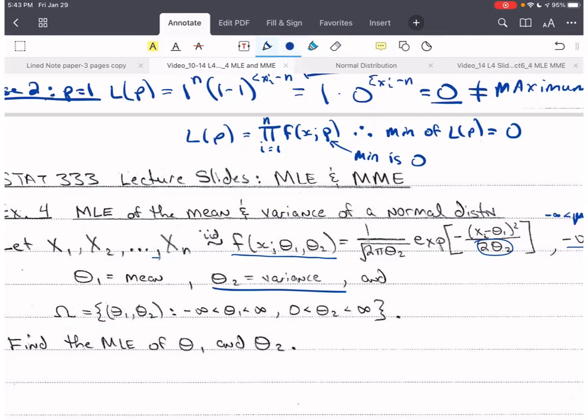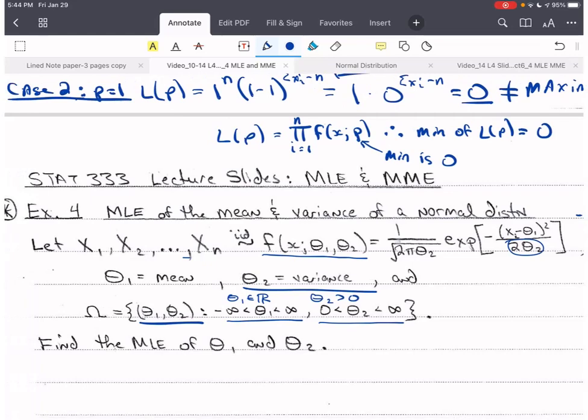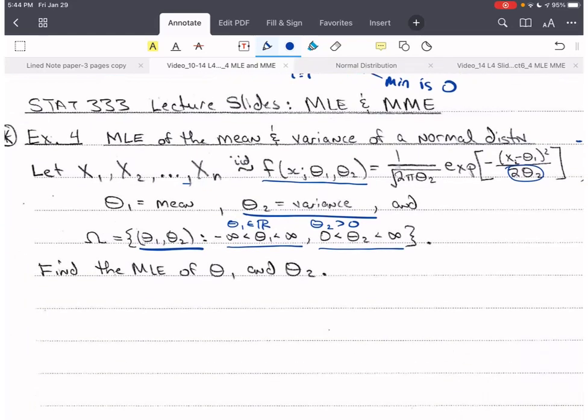And it's the set of the pair theta 1, theta 2, such that theta 1 is between negative infinity and positive infinity, or you could write theta 1 is in the reals. That's okay too. And then theta 2 is between 0 and infinity, or you could just write theta 2 is greater than 0. That's okay too. Okay, they're equivalent, and it's fine notation. So whichever one you prefer, as long as you use it correctly, I'm okay.